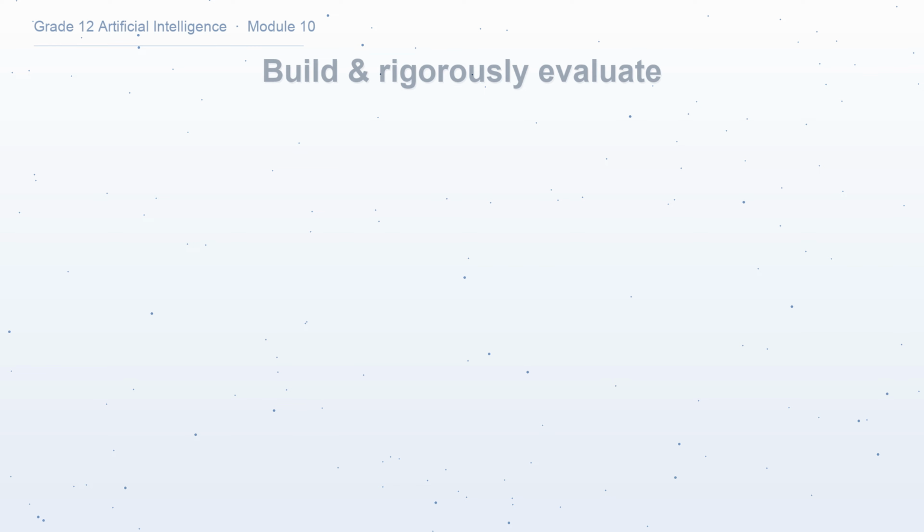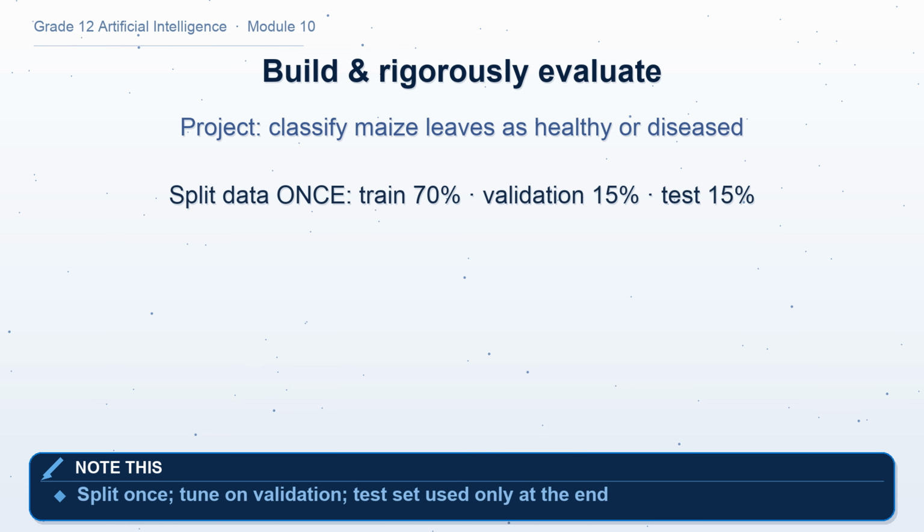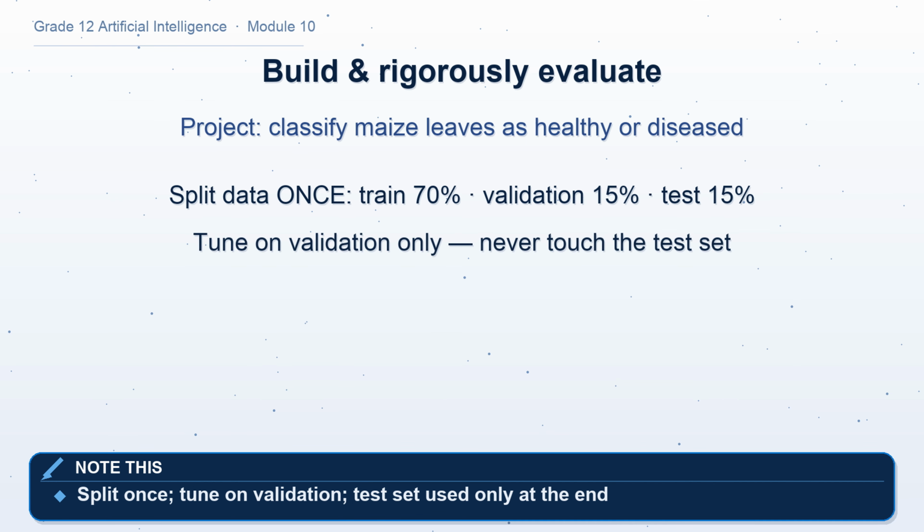Now you build the model and evaluate it rigorously. Take a project that classifies maize leaves as healthy or diseased. Split the data once into training, validation, and a held-out test set, and keep that split fixed. Tune and choose your model on the validation set only, and never touch the test set while developing.